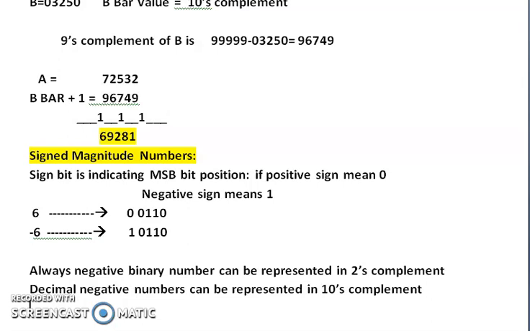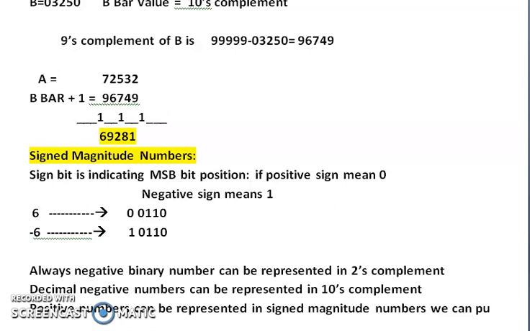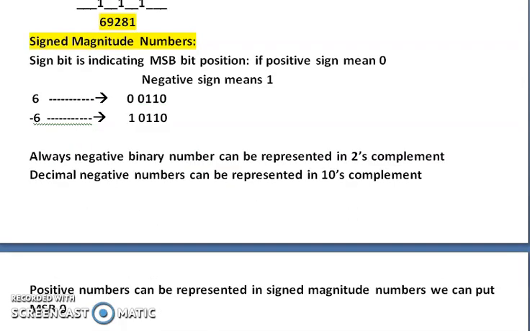Positive numbers can always be represented in the direct way, in sign and magnitude form. You put MSB 0 bit in the number. That is called the positive number representation.